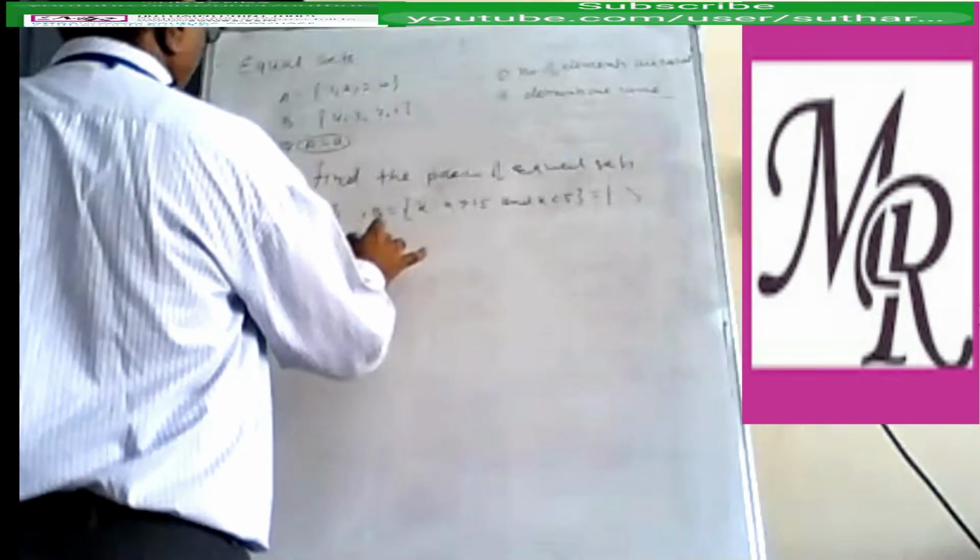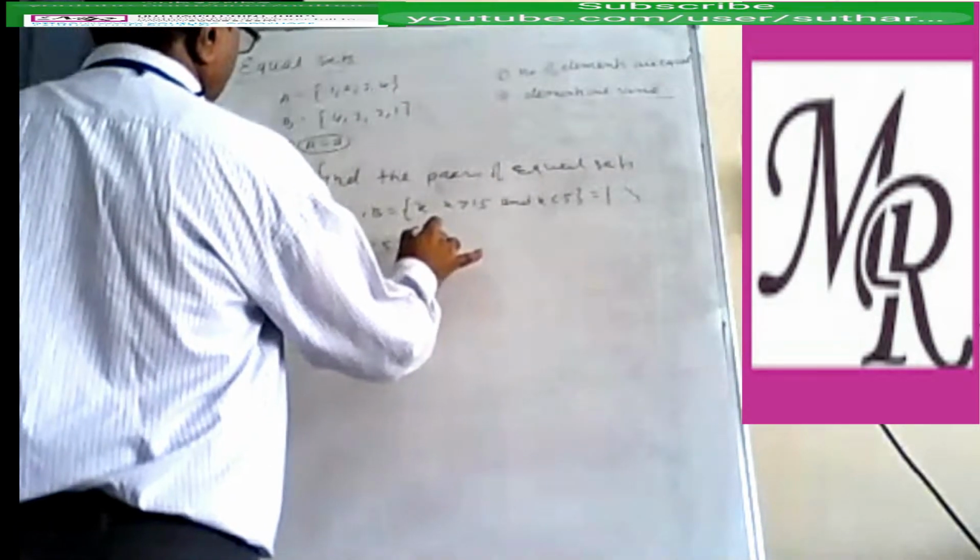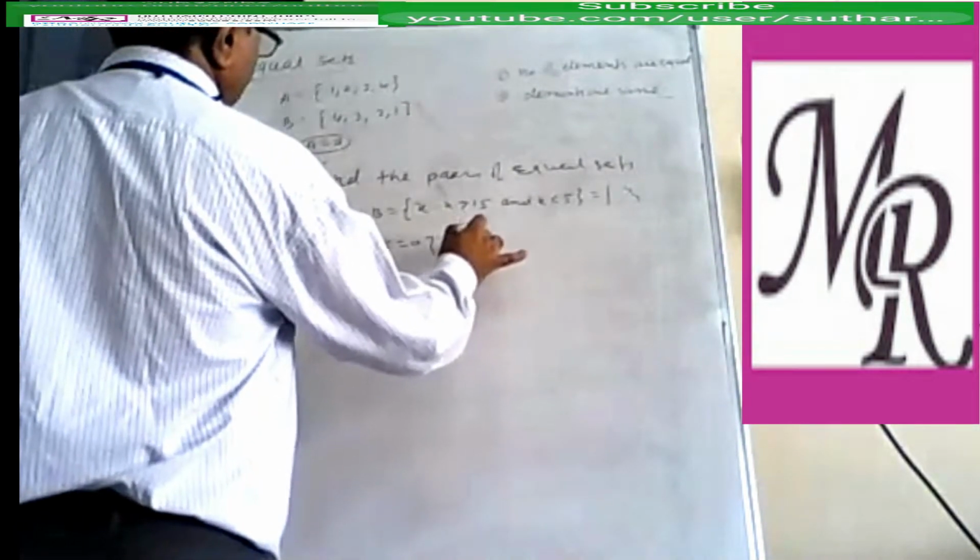Similarly, set C says x such that x minus 5 is equal to 0. So x equal to 5. So set C contains only one element, 5.